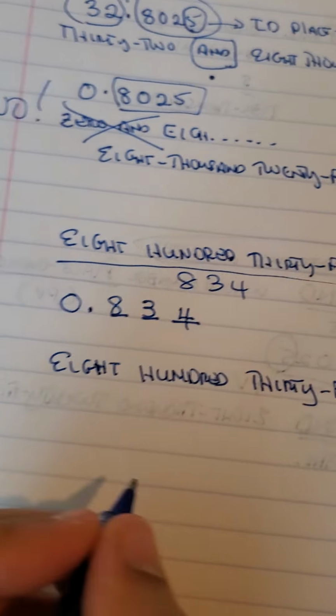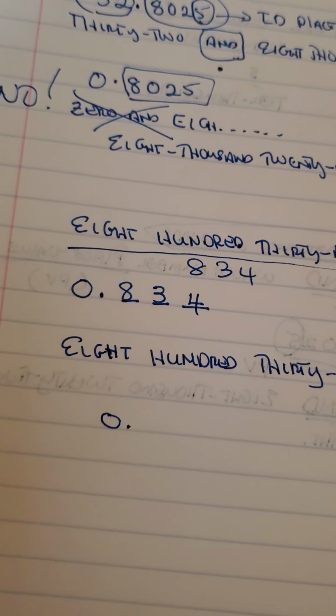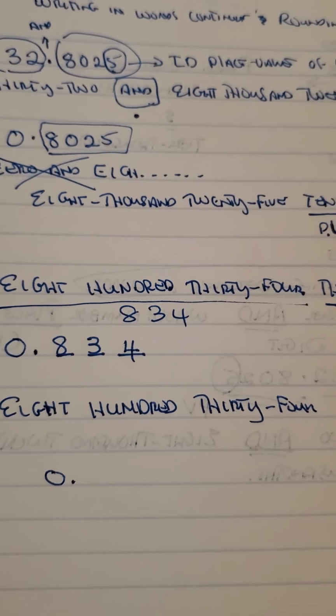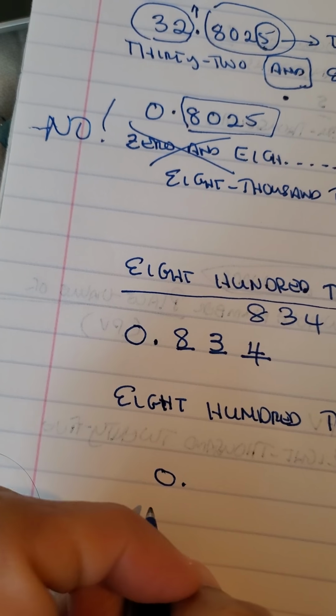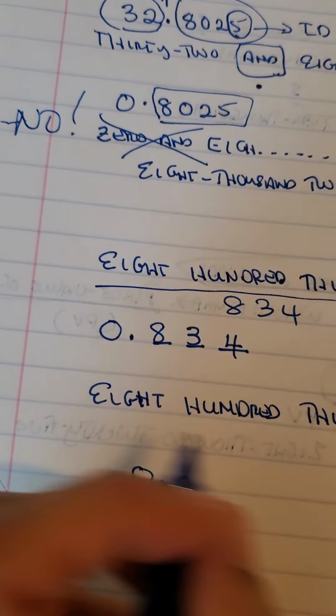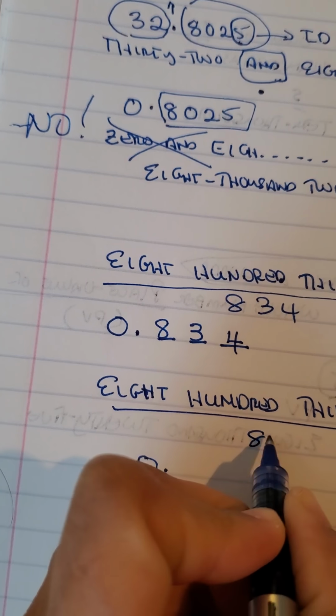There's no "and," so it's a 0 point. "And" means that there's a whole number before it: whole number and decimal. Since there's no "and," there's no whole number. So my number is 834.